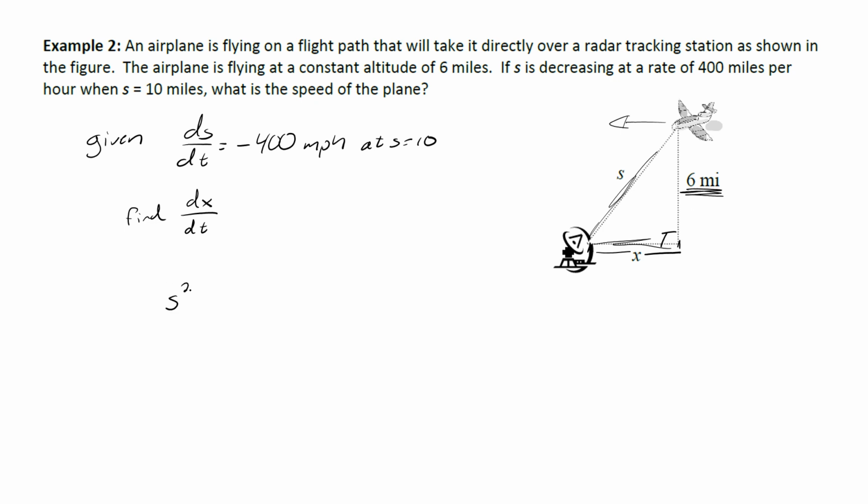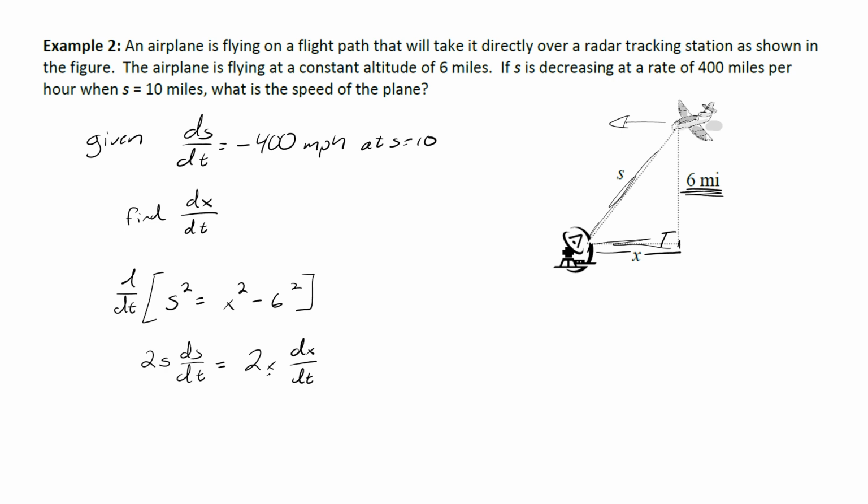It's going to be s squared is equal to x squared minus 6 squared. If we take the derivative with respect to t of these things, I end up with 2s ds/dt is equal to 2x dx/dt.